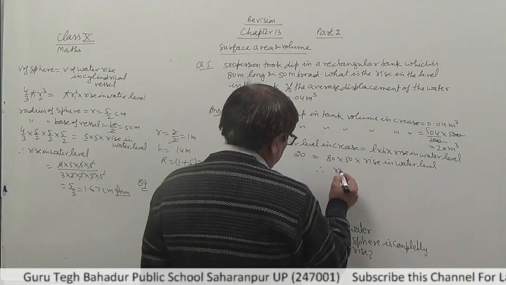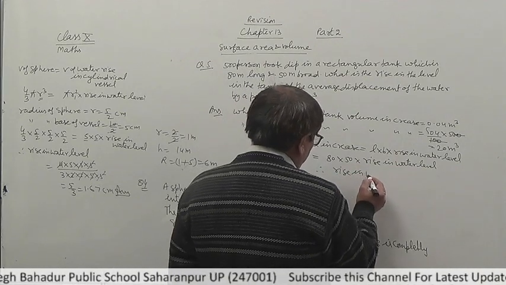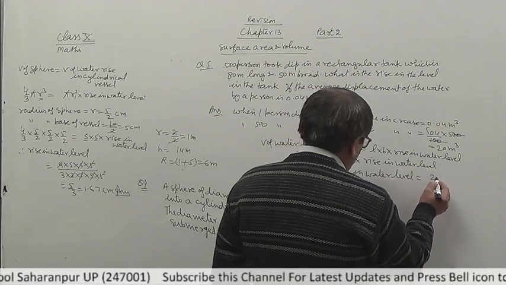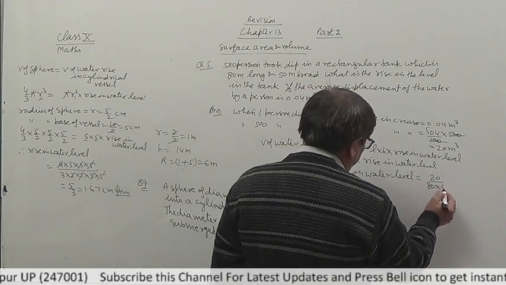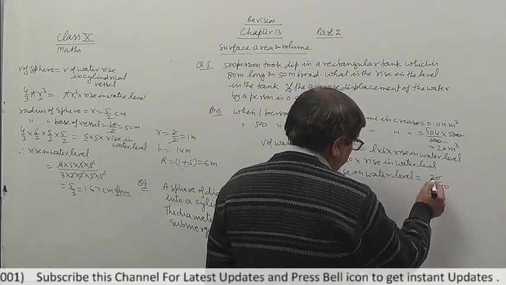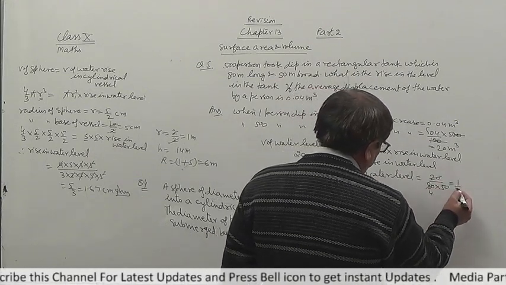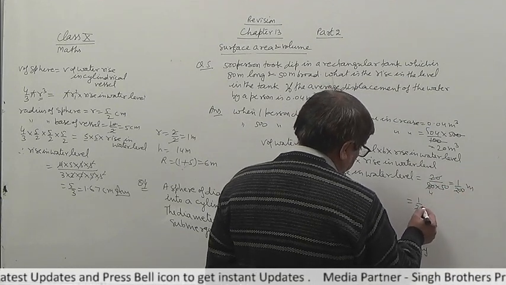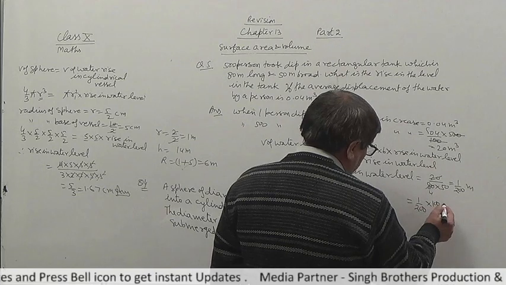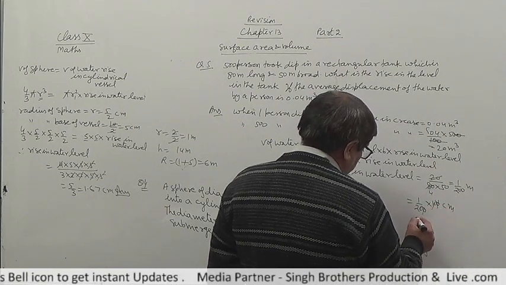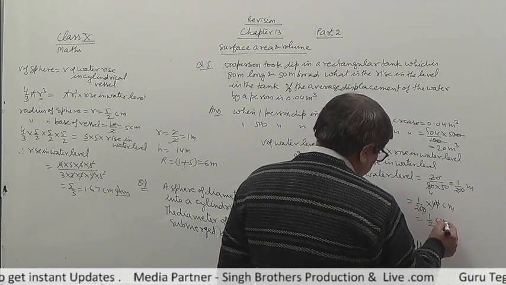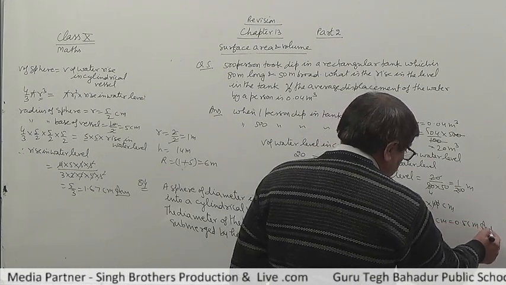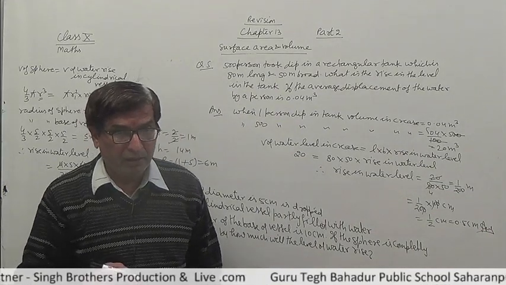So therefore, rise in water level is 20 upon 80 into 50, that is 1 upon 200 meter. Change into centimeter. So these two zeros cancel. 1 upon 2 centimeter, that is 0.5 centimeter.